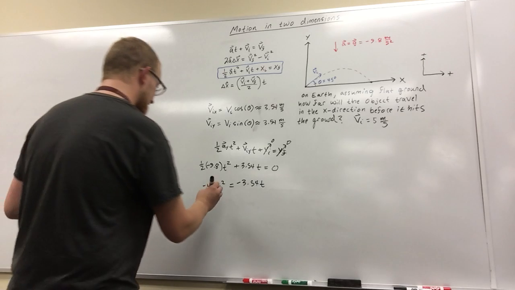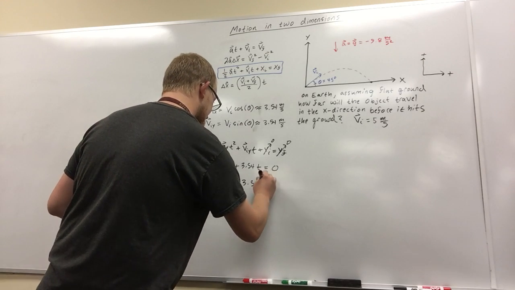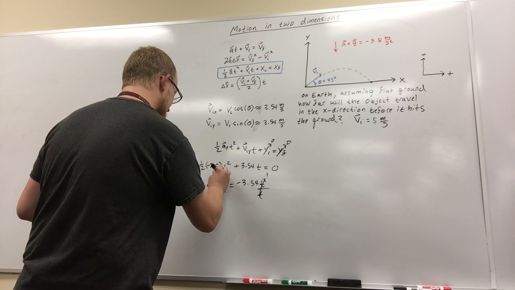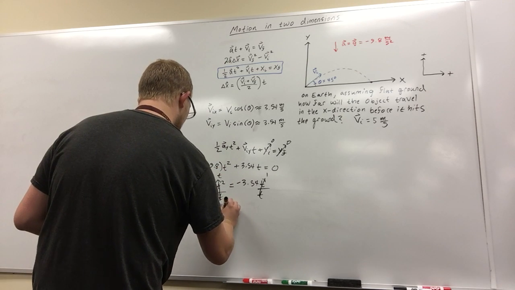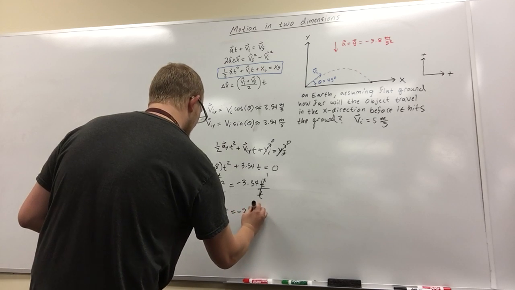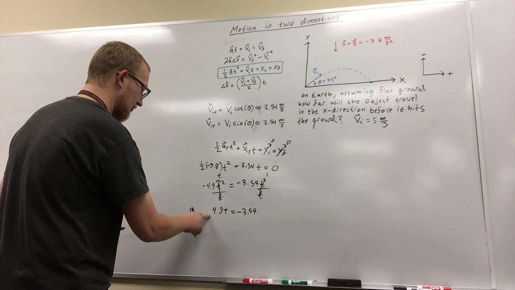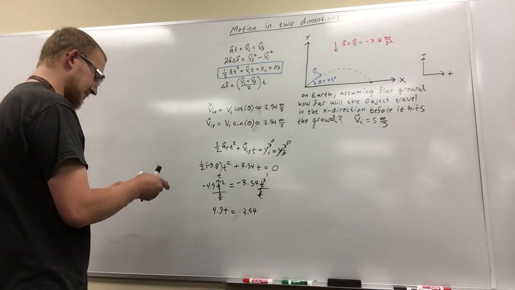And now we can divide both sides by t. The t's are going to cancel to 1 here, and here it's going to cancel to just a t to the power of 1. So negative 4.9t equals negative 3.54. Negatives cancel, and we'll divide both sides by 4.9.